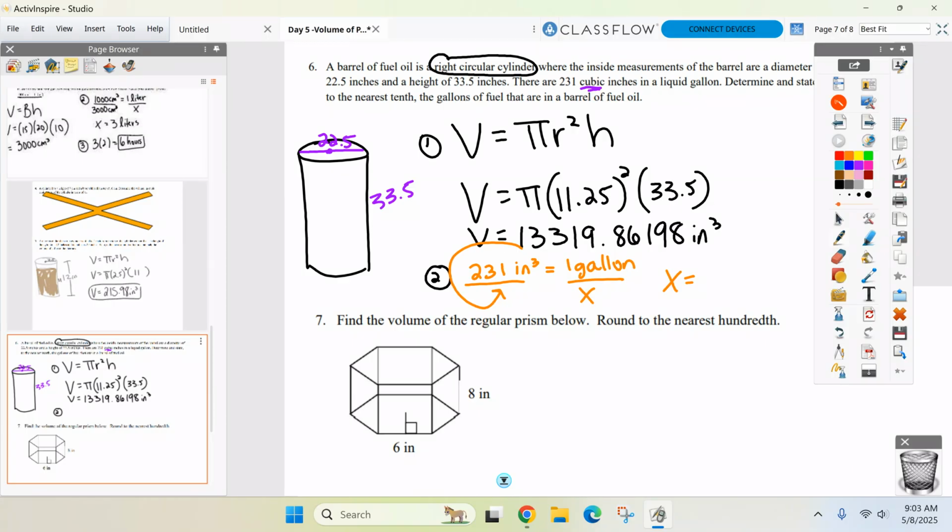57.9. Are you rounding your volume or are you keeping it all with all the decimals? You should be taking your volume and dividing it by 231 eventually, right? I agree with the 57, it's the 0.9. Make sure you are typing every single number in that volume correctly, because that could affect it there.